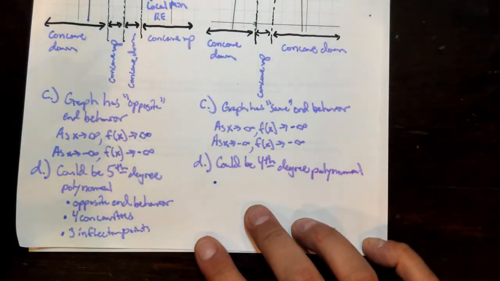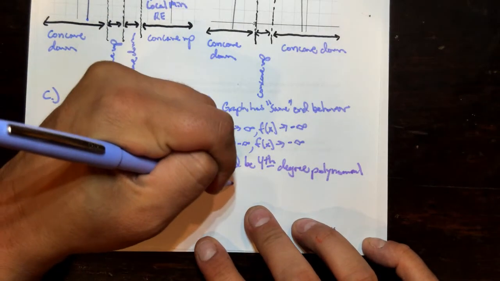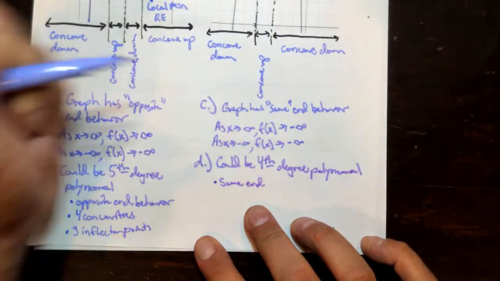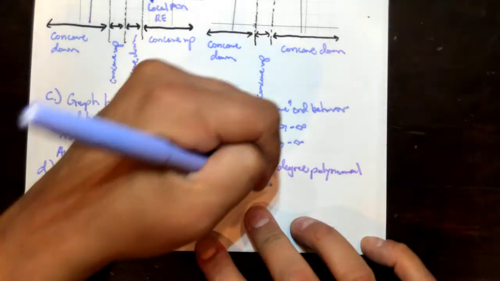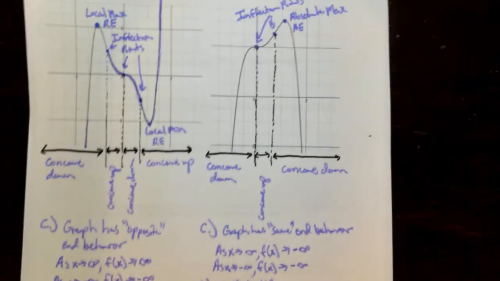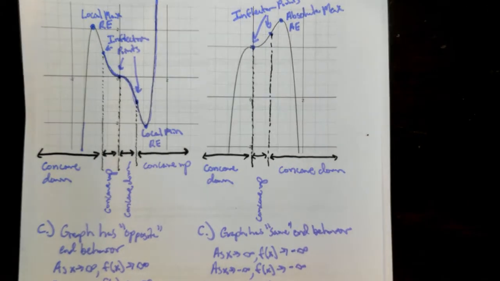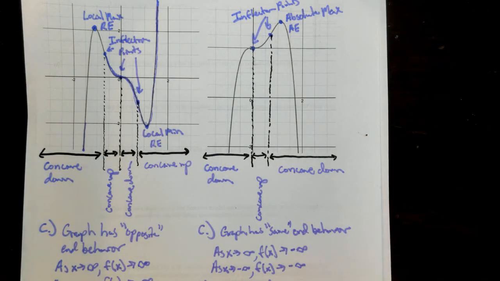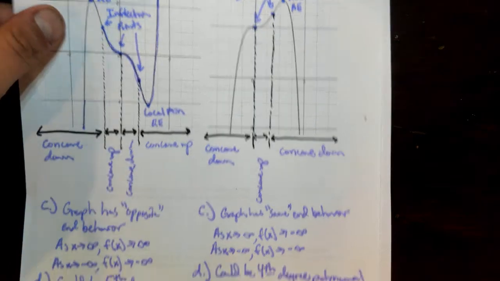They have the same end behavior, and that happens for all even degree functions. So think of quadratics or something to the 4th power, 6th power, 8th power. All of those, the ends will tend towards the same direction, either both up or both down.